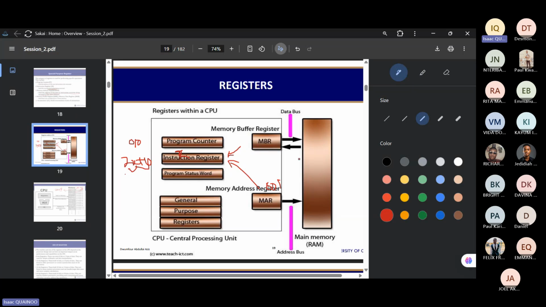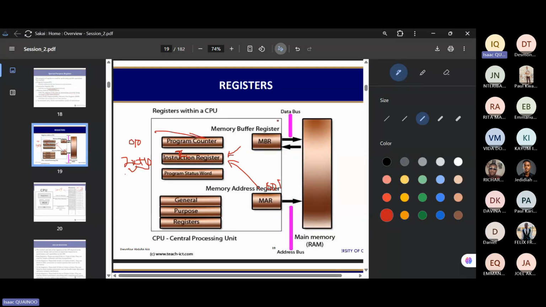understand. So the reason why all these processes happen is because you are saying that your register here, okay, your entire register here serves as an intermediary between the CPU and the RAM.